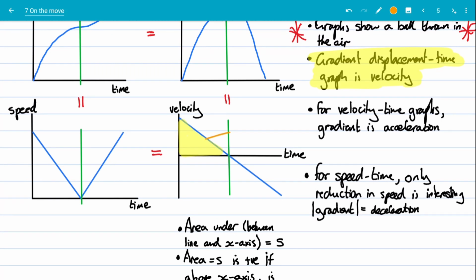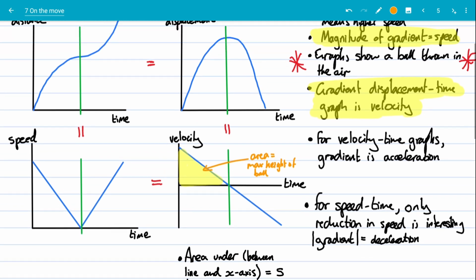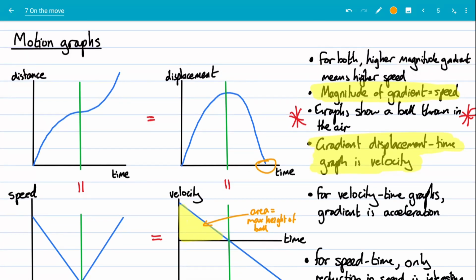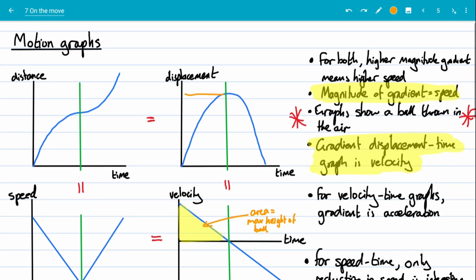And yeah, area equals maximum height of the ball, like that, and it should descend the same distance in order to have a displacement of 0 at the end. And we know that must make sense because we start at a displacement of 0, we end at a displacement of 0. But this value here, this displacement, will be equal to this area there.